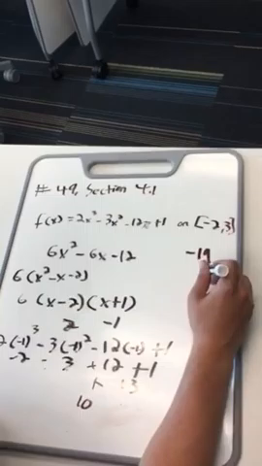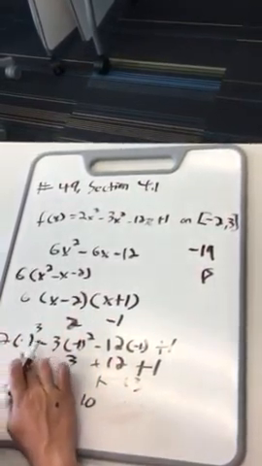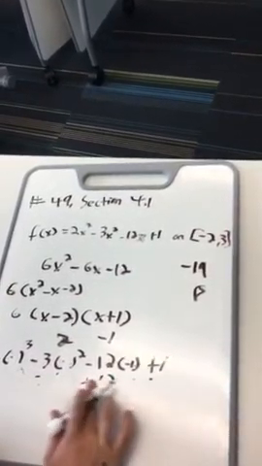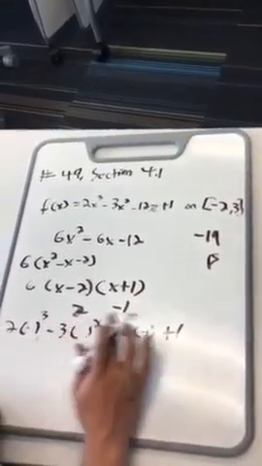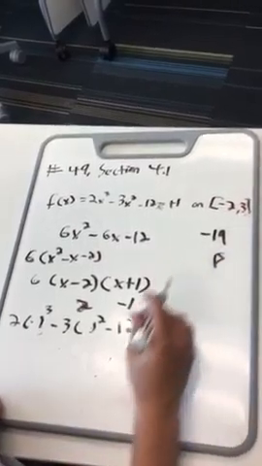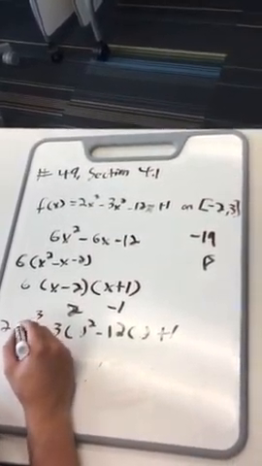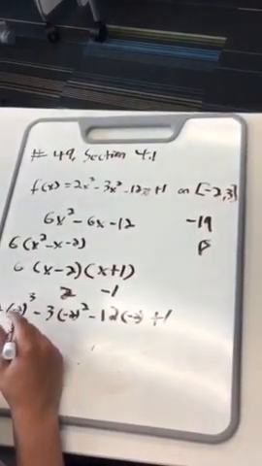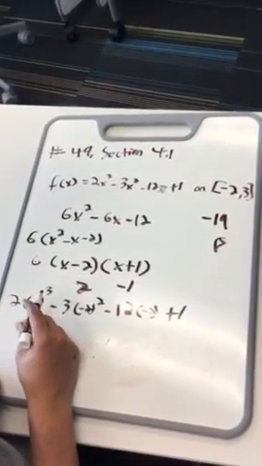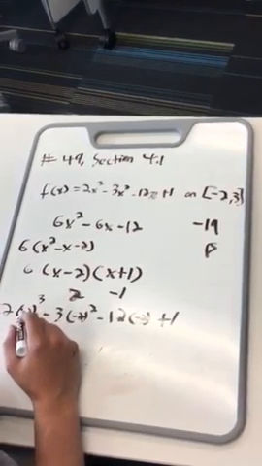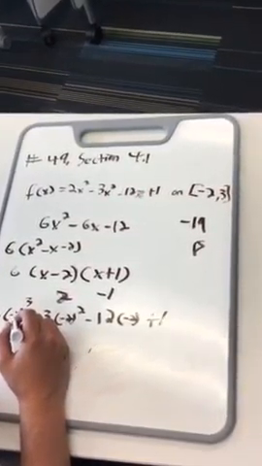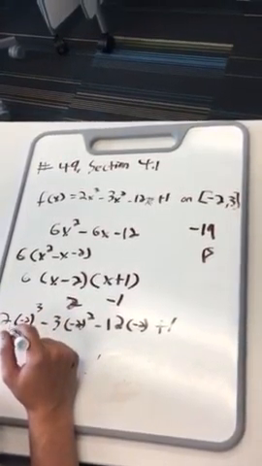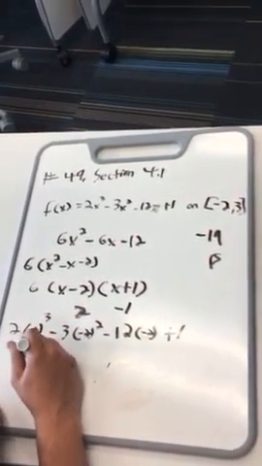So we put that off to the side, and now our last step is to test the points at the ends of the interval, which we can see up here, which was given to us in the problem, negative 2 and 3. So we just want to plug in negative 2 here and see what we get. Negative 2 cubed would be negative 8, and times 2 would be negative 16.